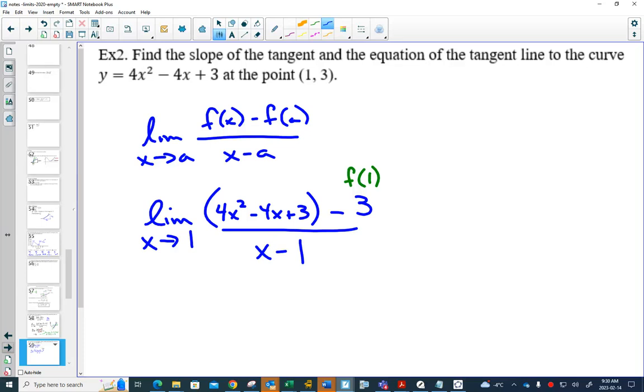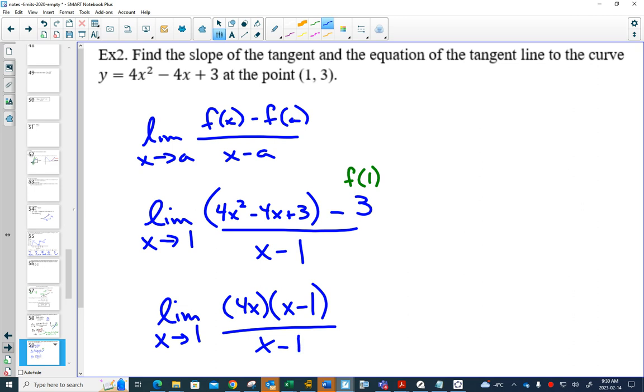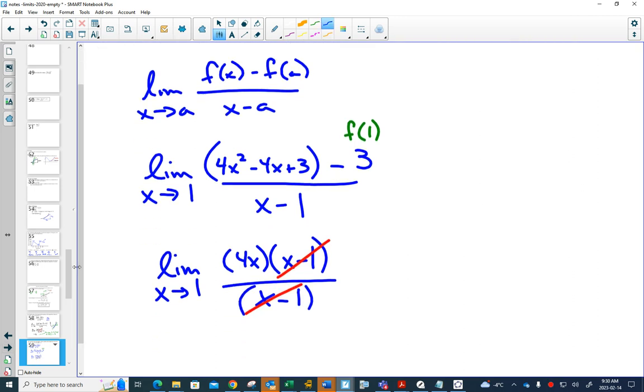And again, something nice happens. The 3's cancel out. I can factor what's left. I could take a 4x out, leaving me with x minus 1. I have an x minus 1 on the bottom. Those will simplify. I can now plug in 1 and evaluate that limit.